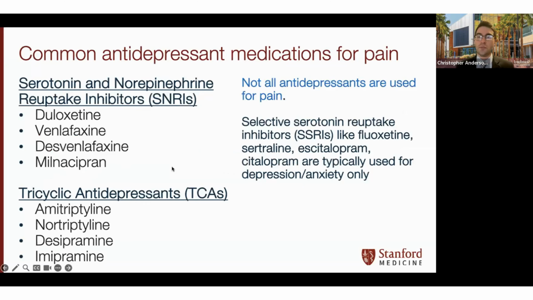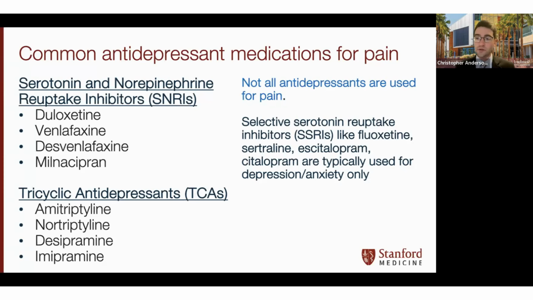Now, what are some commonly used antidepressants for pain? Medicine as a whole will sort our medications based on their function or their chemical structure. One class of drugs that we use for pain is called the serotonin and norepinephrine reuptake inhibitors, or SNRIs for short. Some medications here include duloxetine, venlafaxine, the related drug desvenlafaxine, and milnacipran.